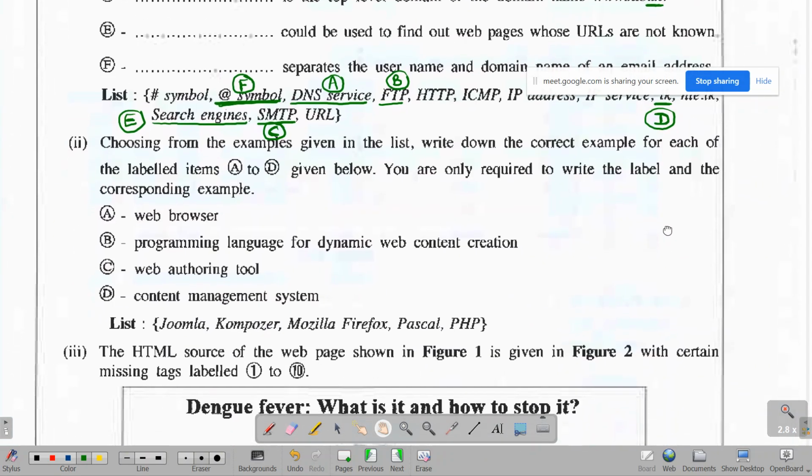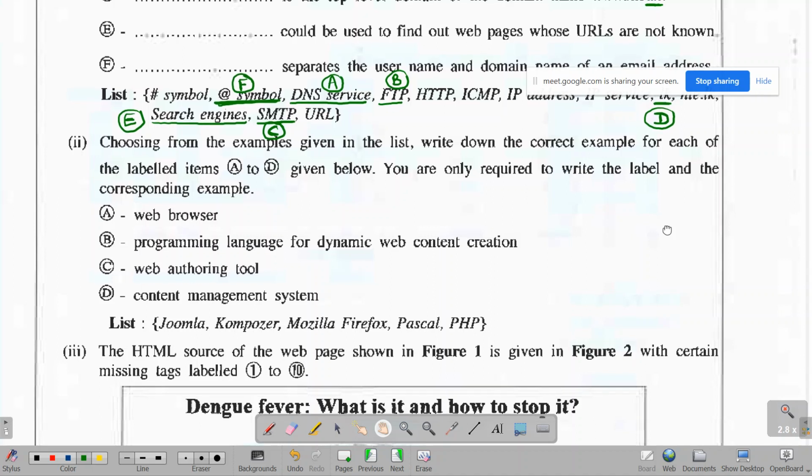It says, choosing from the examples given in the list, write down the correct example for each label from A to D. A web browser: Mozilla Firefox is a web browser, so this is A. Programming language for dynamic web content creation: it's PHP that we can use, which is B. The web authoring tool is Composer, C. And the content management system is Joomla, which is D. So A is Mozilla Firefox, B is PHP, C is Composer, and D is Joomla.